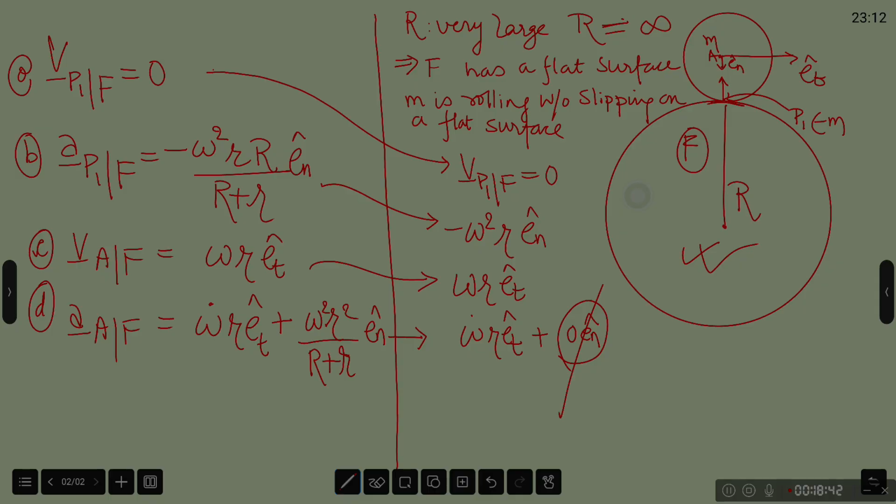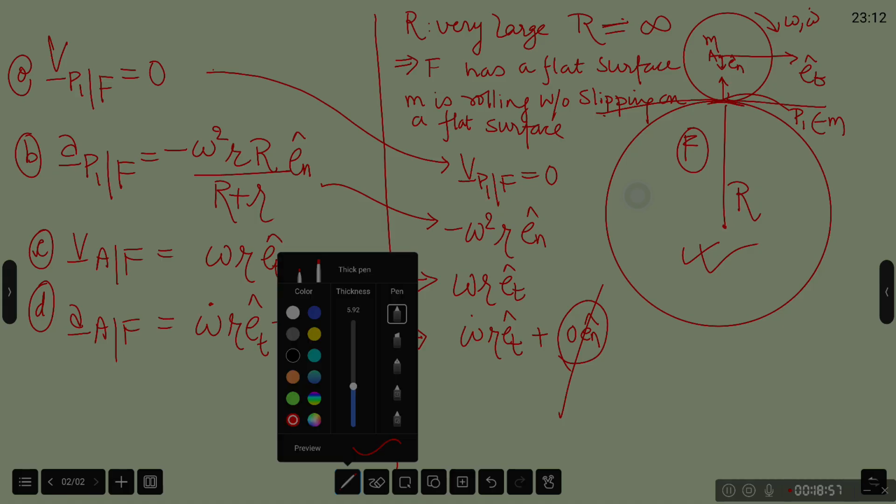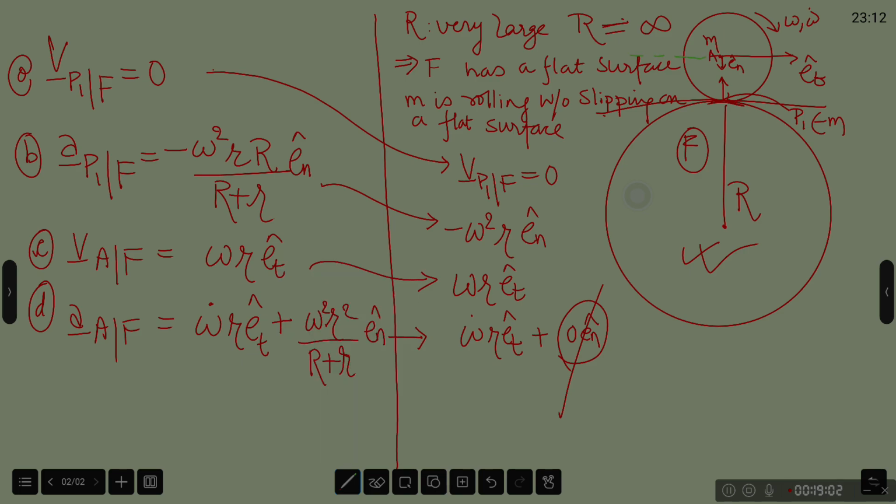And that makes perfect sense, because if the surface of F is flat, then the trajectory of A will not be curved anymore. The trajectory of A will be a straight line parallel to the flat surface, right?